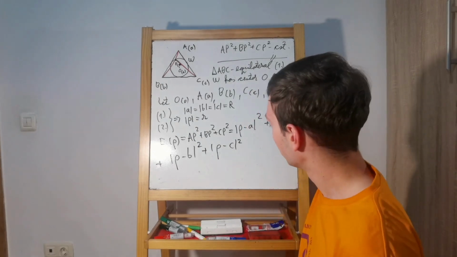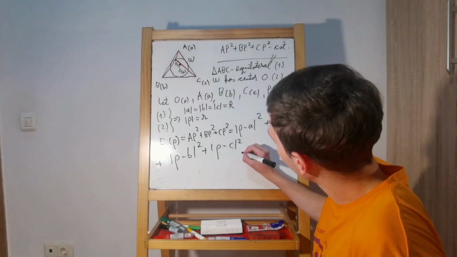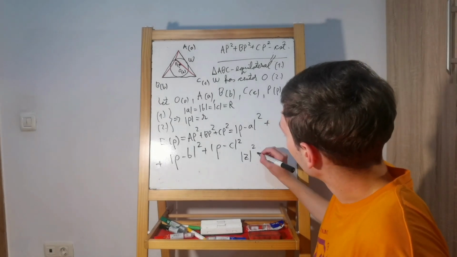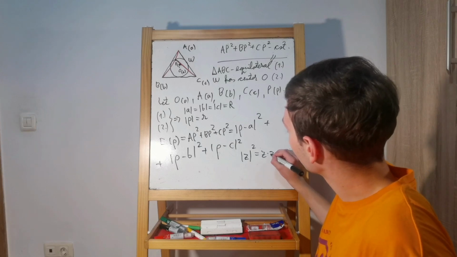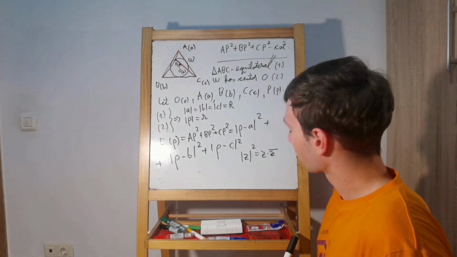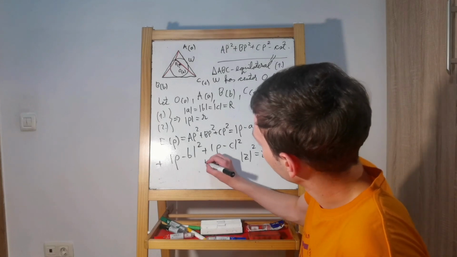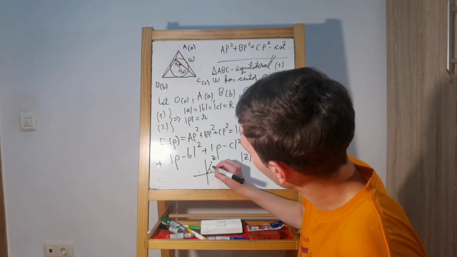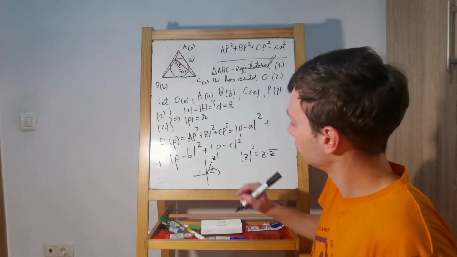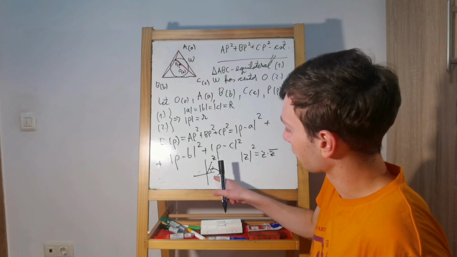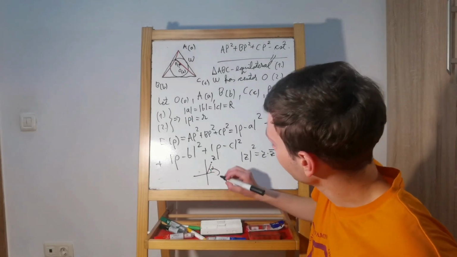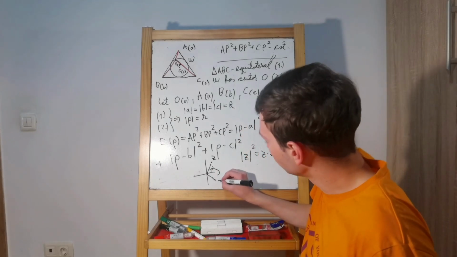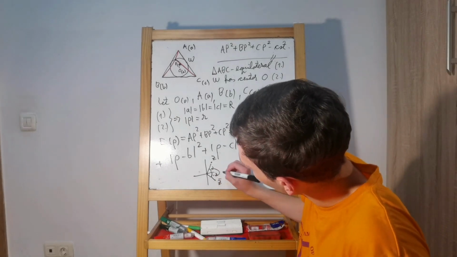Let me just show you a fact. I think you know by now that the absolute value of z squared is equal to z times z conjugated. Why is that? Well, if you look in the complex plane, z would be something like this with argument alpha, the angle that it represents in polar coordinates, and then if you have z conjugated, this will be minus alpha.